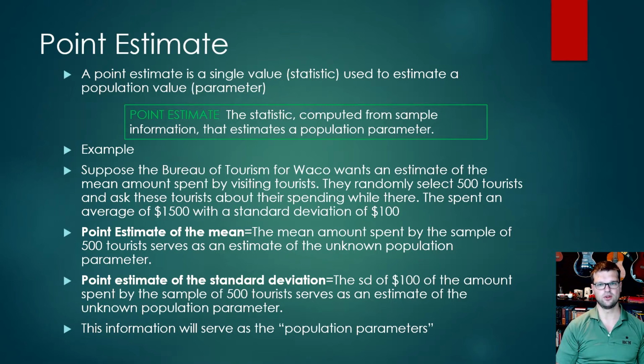So we're going to use $1,500 and $100 as the population parameters unless we have other information that can provide better parameters. Also, because the sample size is so large at 500, I'm going to be using it as the population standard deviation with those formulas.